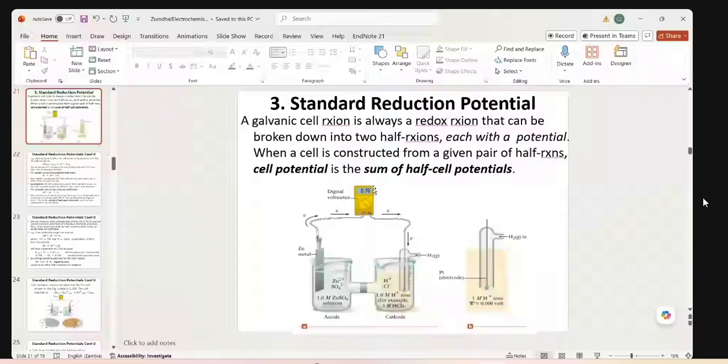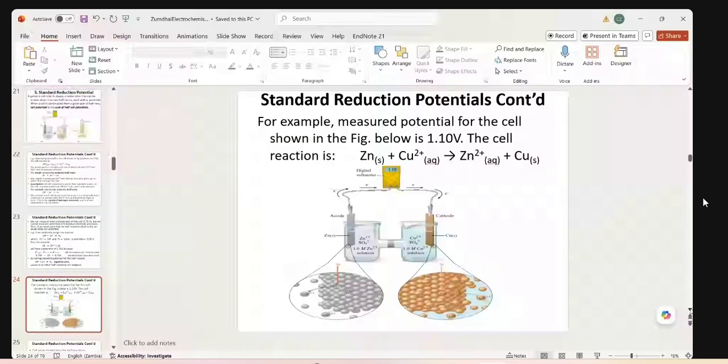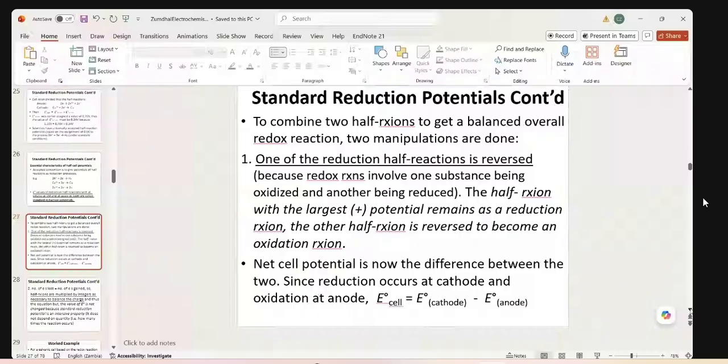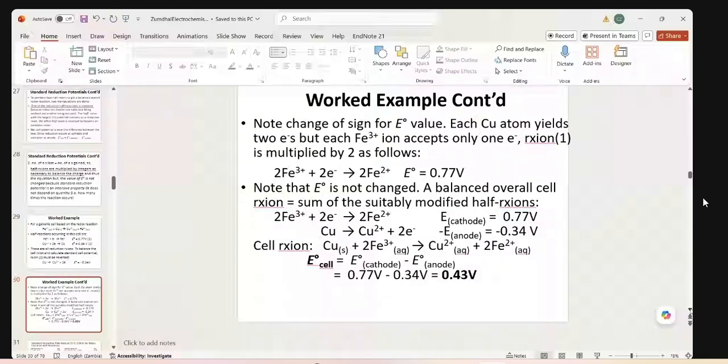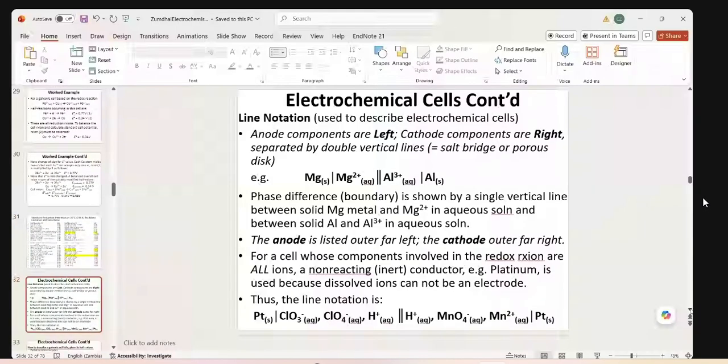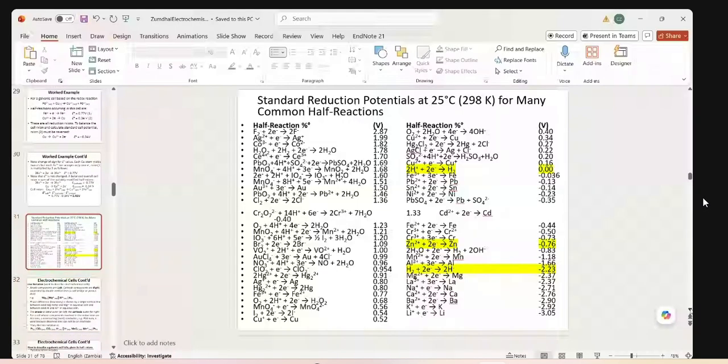If we let's get another element. What elements would you want us to use? Let's go to the table. So let's construct a galvanic cell from any of these elements. Let's pick 2 elements. Sir, a question.